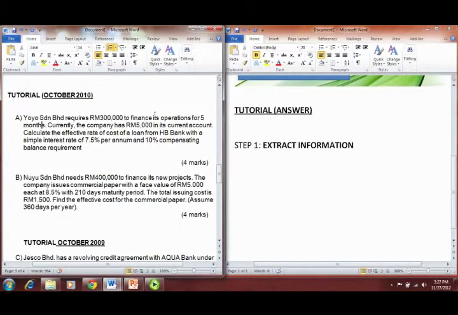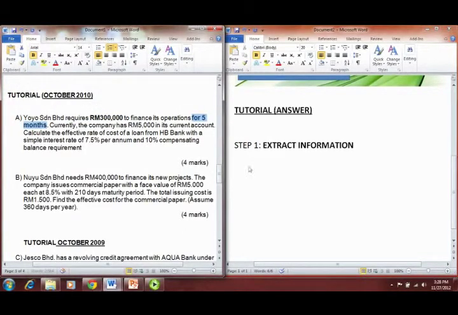As I told you class, this is short-term financing. Short-term financing is matured in 1 year. Yoyo Sendirian requires 300,000 to finance operation for 5 months, less than 12 months, right? So this is your amount that you need to borrow, because you require 300,000.